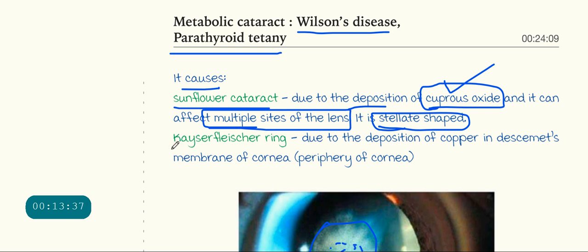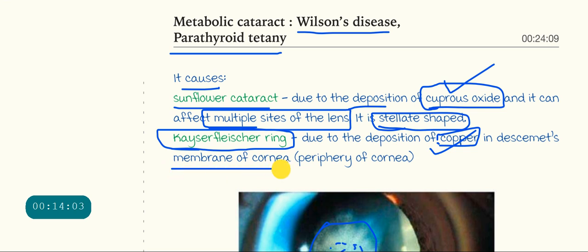Now the next finding it can cause is Kayser-Fleischer ring. This is again due to deposition of copper. Remember, the earlier one was cuprous oxide, and here the deposition is of copper in the membrane of the cornea.